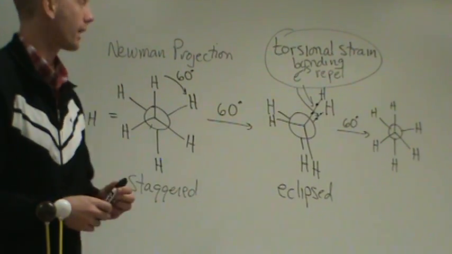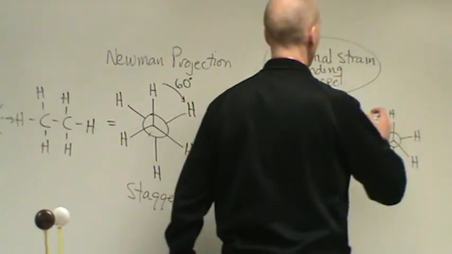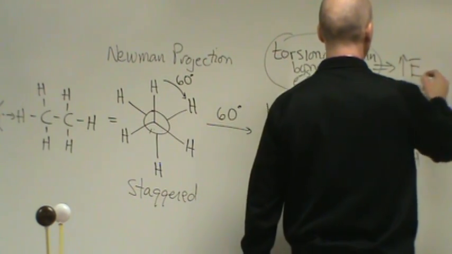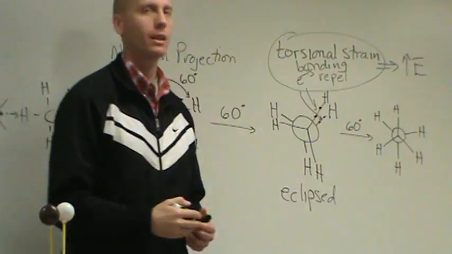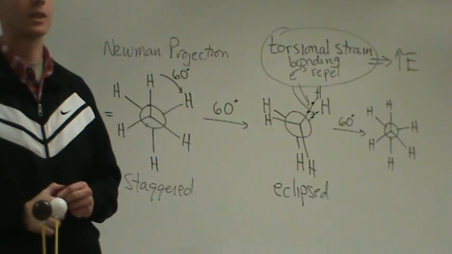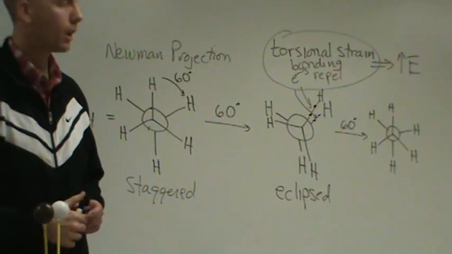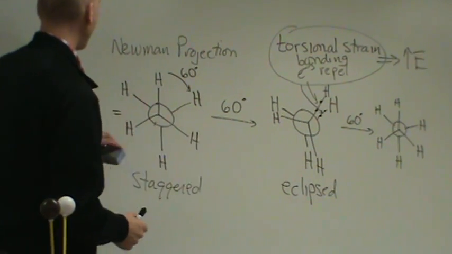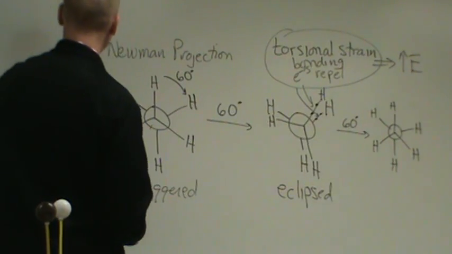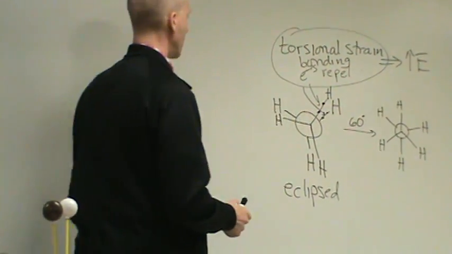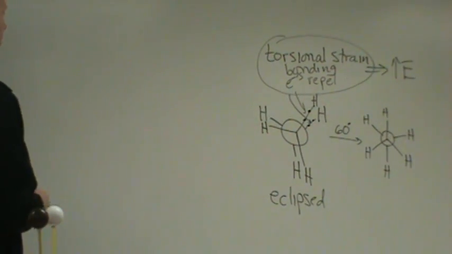And so, as a result, that's going to be higher energy than the staggered conformation. So what we want to do is make a graph of that. Let's do that over here.